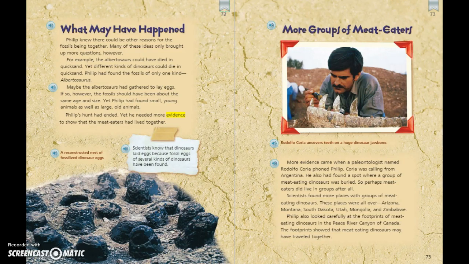Page 72. Why does Currie decide against the other reasons for the fossils being together? How do Rodolfo's findings compare to Currie's? On page 73.